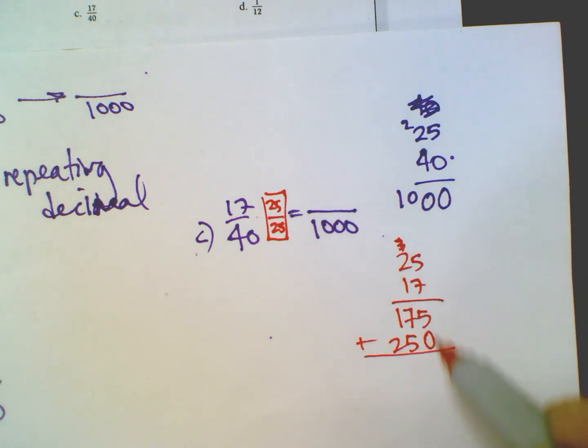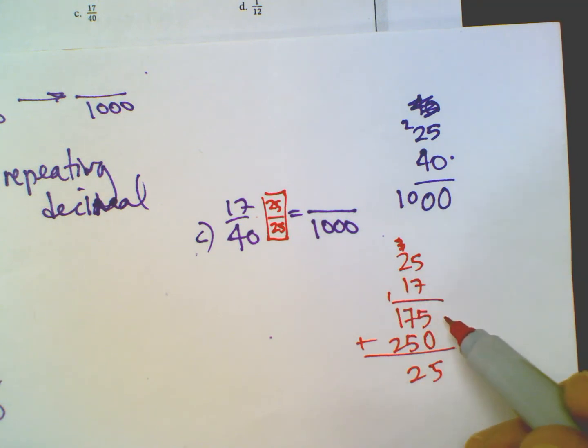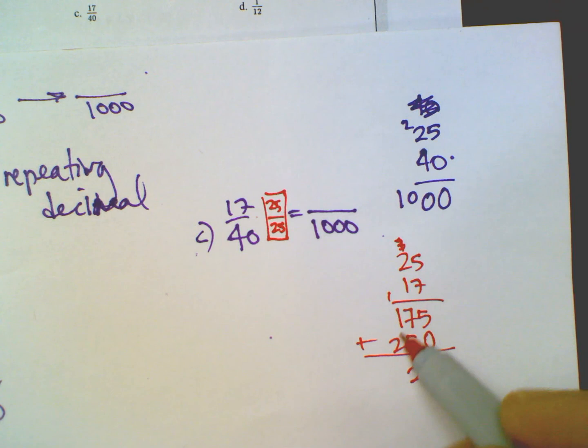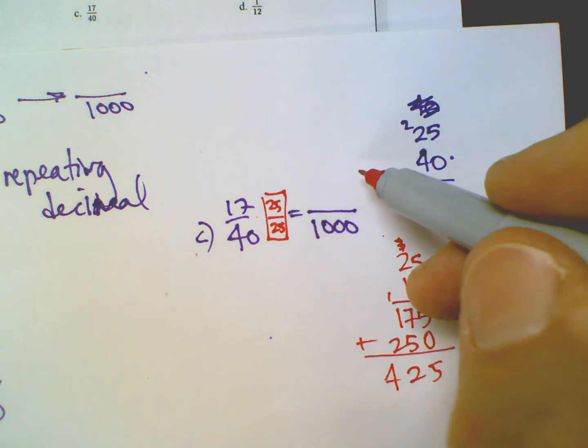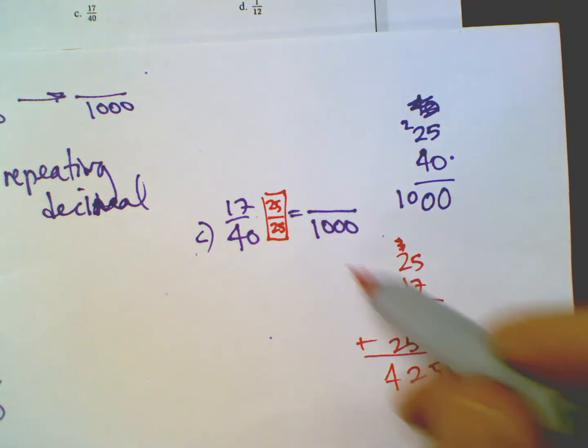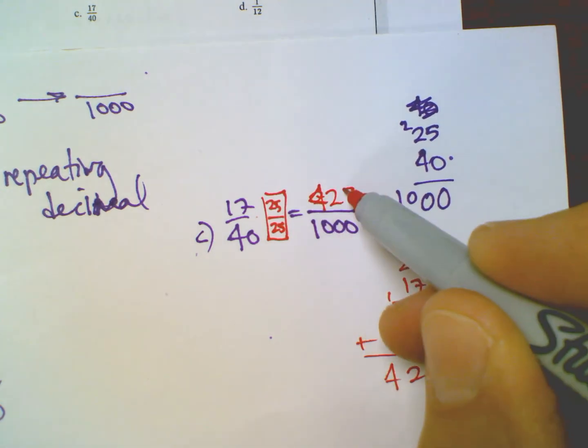And then add those up. 5, 2, carry the 1. We get 4. So 425. So 17 times 25 is 425.